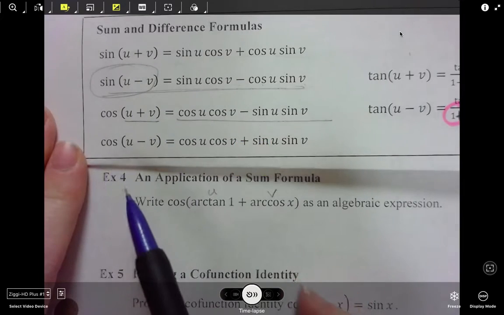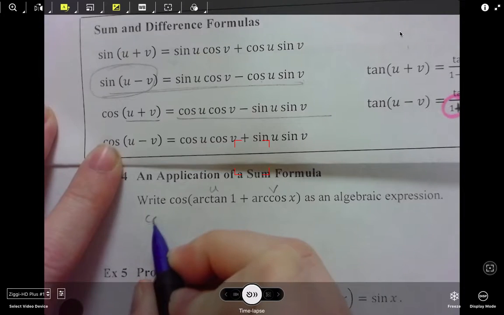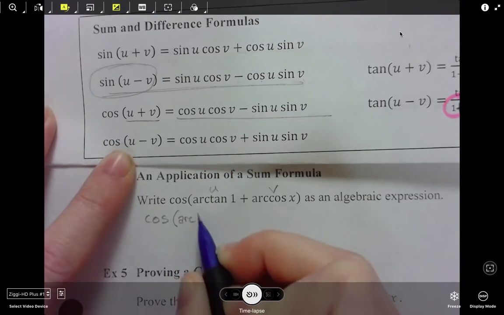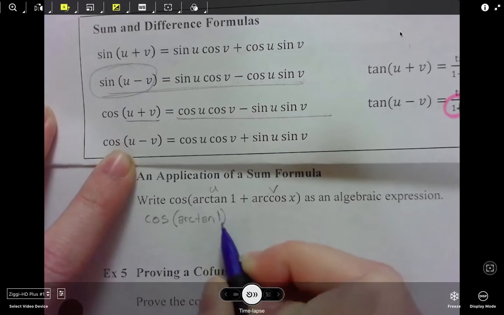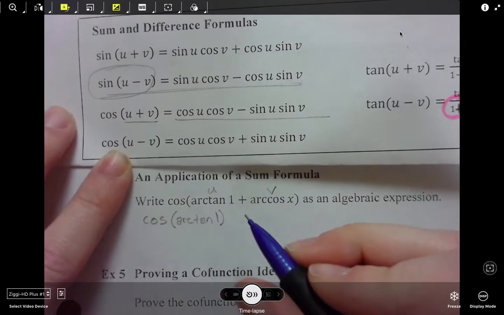So cosine of u plus v is cosine of u, so cosine of arc tangent of 1. And don't worry about how ugly that is for right now, because it's just going to look funny.